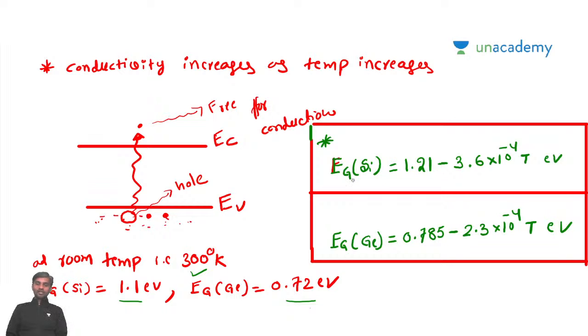The energy gap of silicon varies as 1.21 minus 3.6 times 10 to the power of minus 4 into T, and for germanium it is 0.785 minus 2.3 times 10 to the power of minus 4 into T, in electron volts.